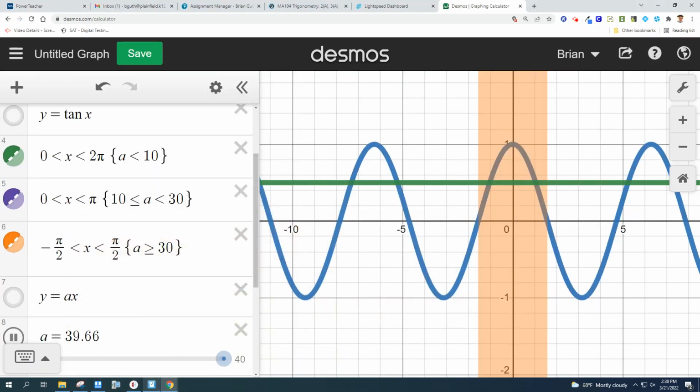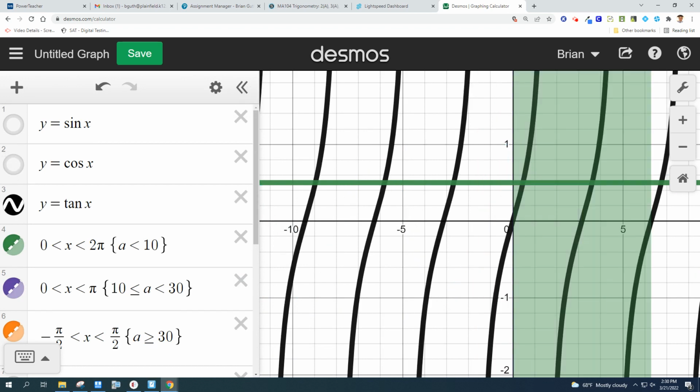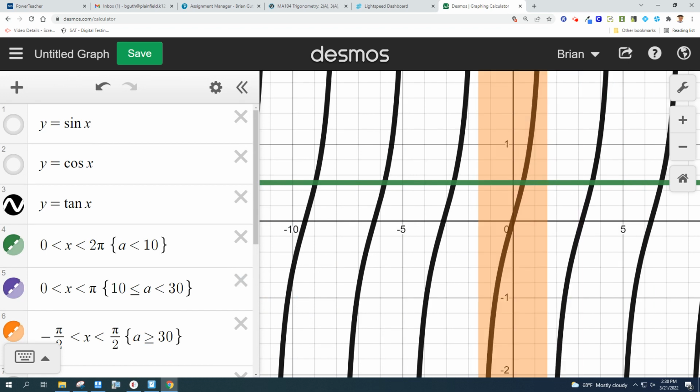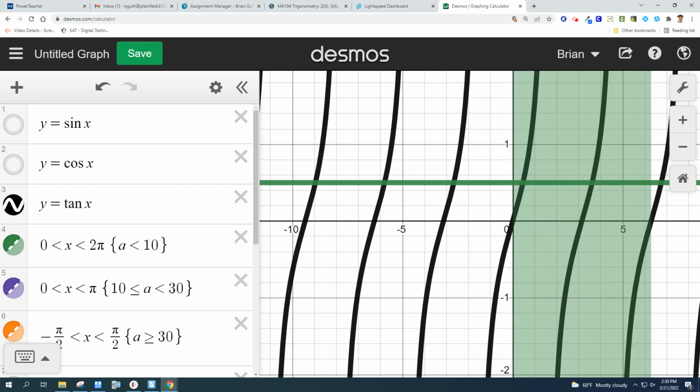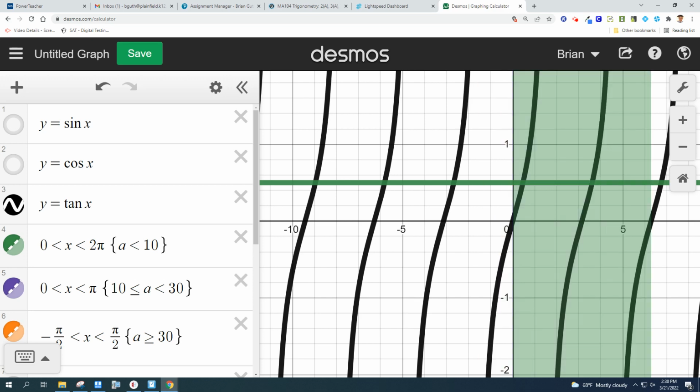So let's look at one more. Let's look at a tangent function. Okay? So again, you've got a tangent curve in black, and we're looking at green, we're looking at purple, we're looking at orange. Purple looks like it could maybe work. It's kind of confusing to look at purple. I think it's much better to look at orange here in this case. Orange, it only hits one time. That's one-to-one. If I only look at the orange part, that's one-to-one.